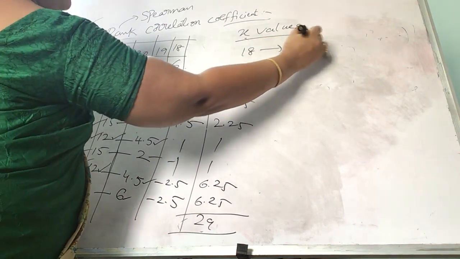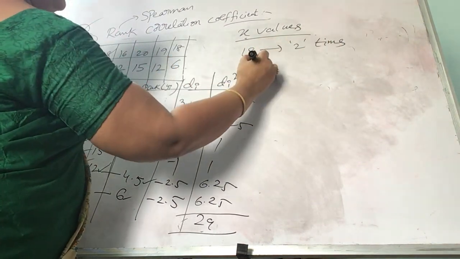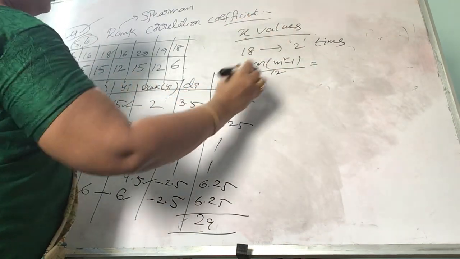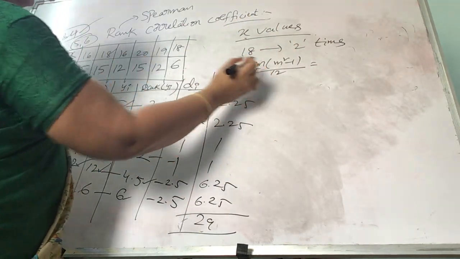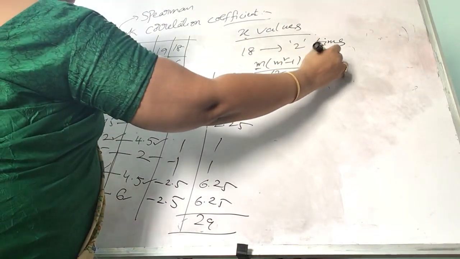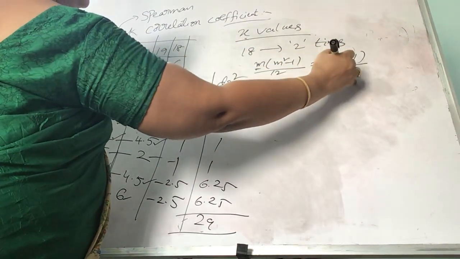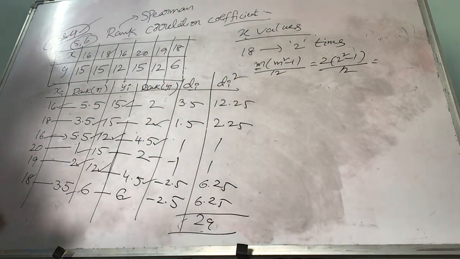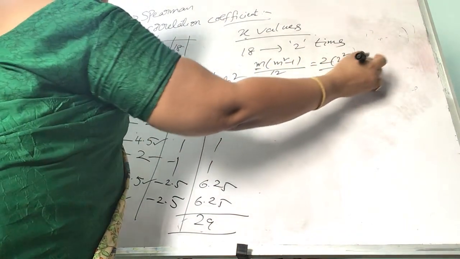So here the factor m into m square minus 1 by 12, where m is the number of times the observation is repeated. Substitute m value 2: 2 into 2 square minus 1 by 12. 2 into 3 is 6. 6 by 12 is 1 by 2, that is 0.5.